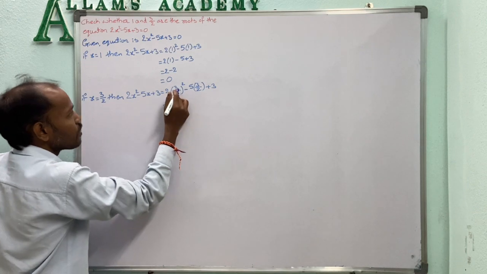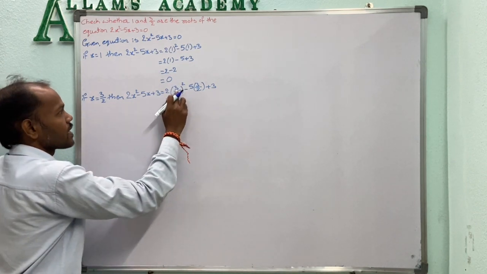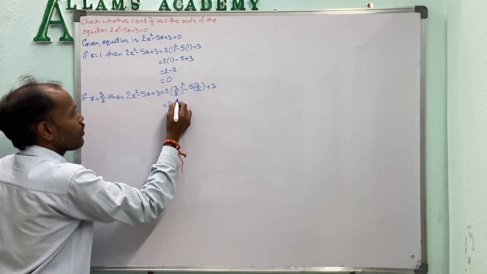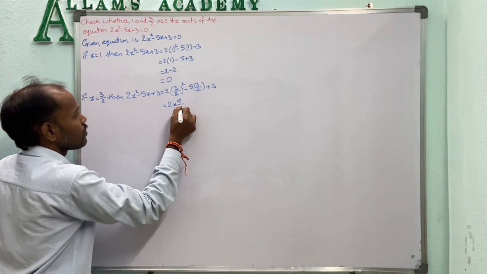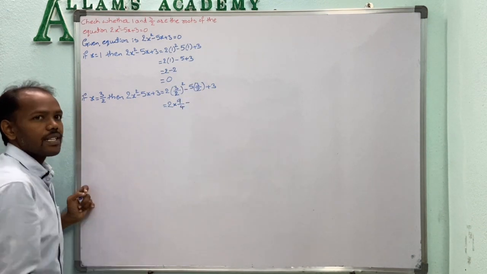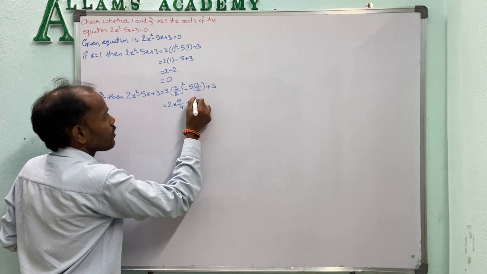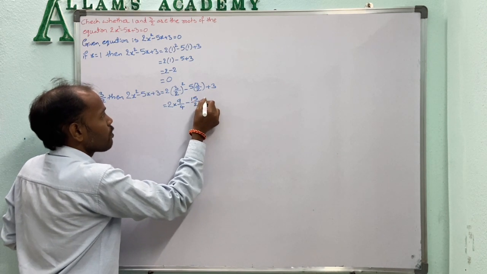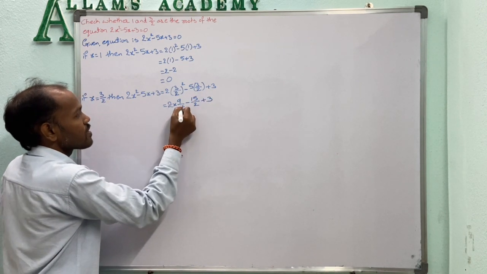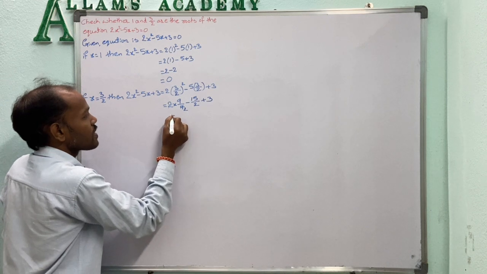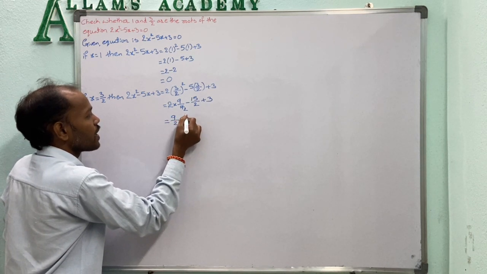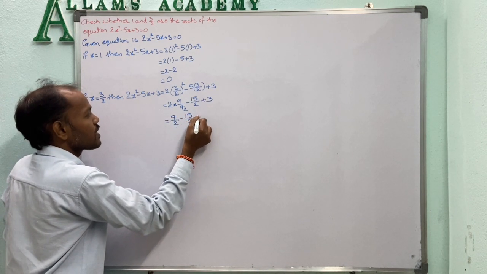Now 2 into 3 by 2 whole square is nothing but 9 by 2, minus 5 times 3 is 15 by 2, plus 3. So that is 9 by 2 minus 15 by 2 plus 3.